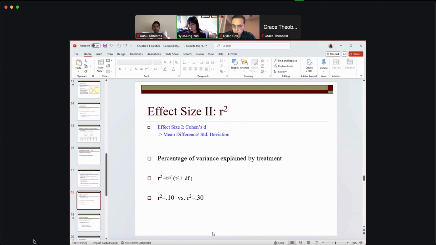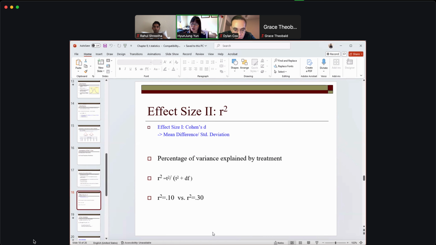So when you have done a t-test and found that it is statistically significant, you already have a t-value right there. With the t-value, especially t-value squared, divided by, do not memorize it, okay? Whatever you do, you have a formula in front of you, or statistical software will calculate that for you.